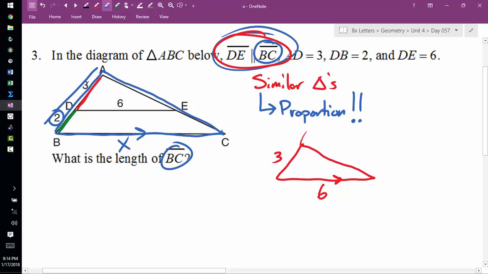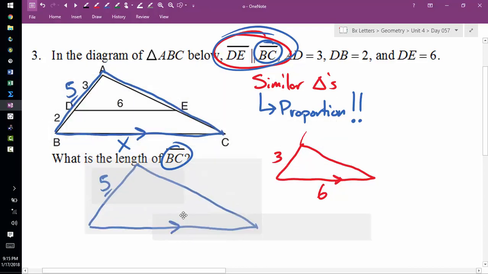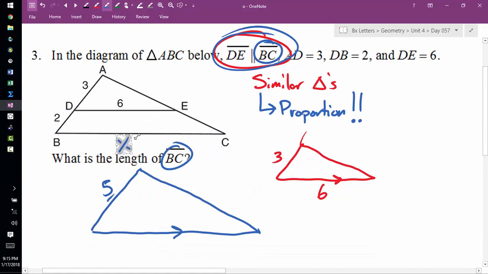So when we put those two sides together, 2 and 3 with addition, you can see that that side is in fact 5. And that's what I'm going to write, and I'm going to separate this triangle, and I'll bring that X term with me. And now we can start making a proportion.